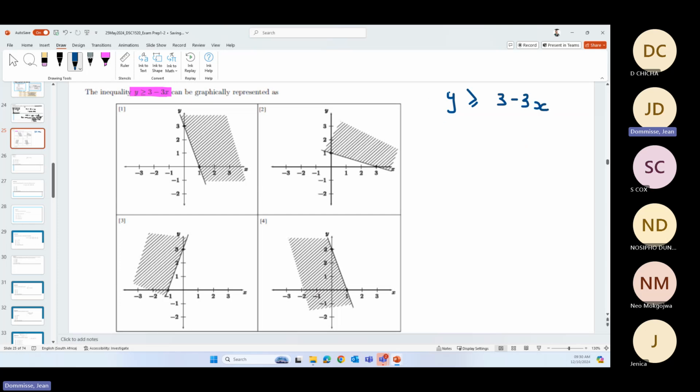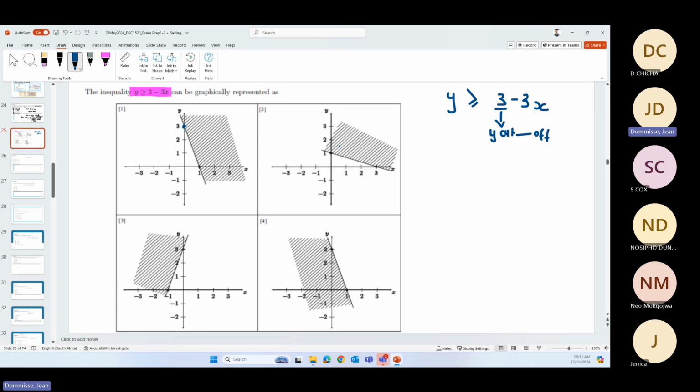This is already written in y, and on the right-hand side are the y cutoff and the slope. So your y cutoff is 3.